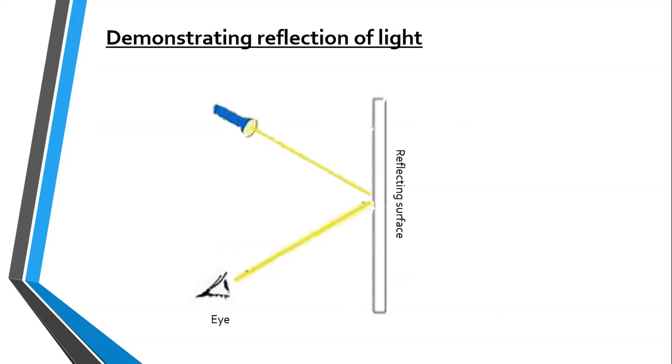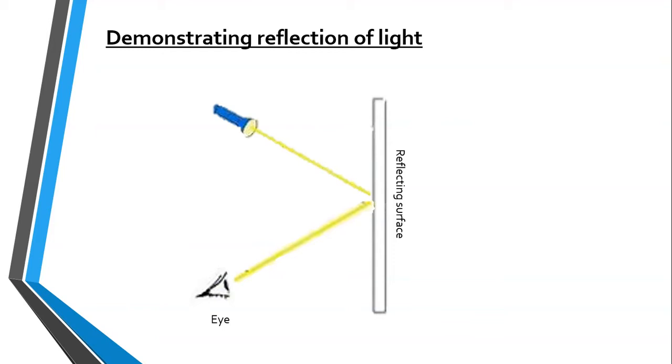As you observe the light from the reflecting surface, you should know that it is as a result of the bouncing back of the light rays coming from the torch into your eyes. And that is reflection of light.